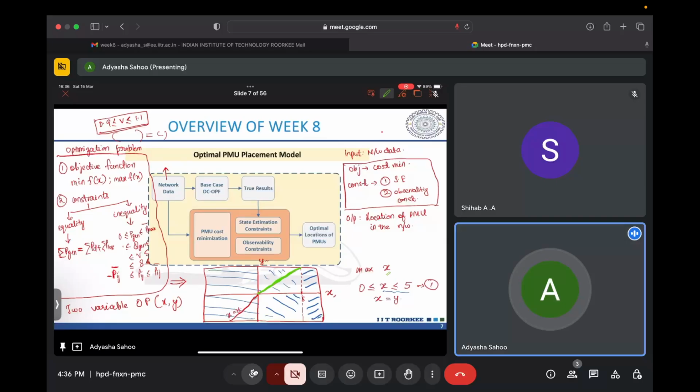You see here X will be 0, then X will be 1, 2, 3, 4, 5. X can go from 0 to 5. So these are all your feasible points. Among all these points, where will X be maximum?